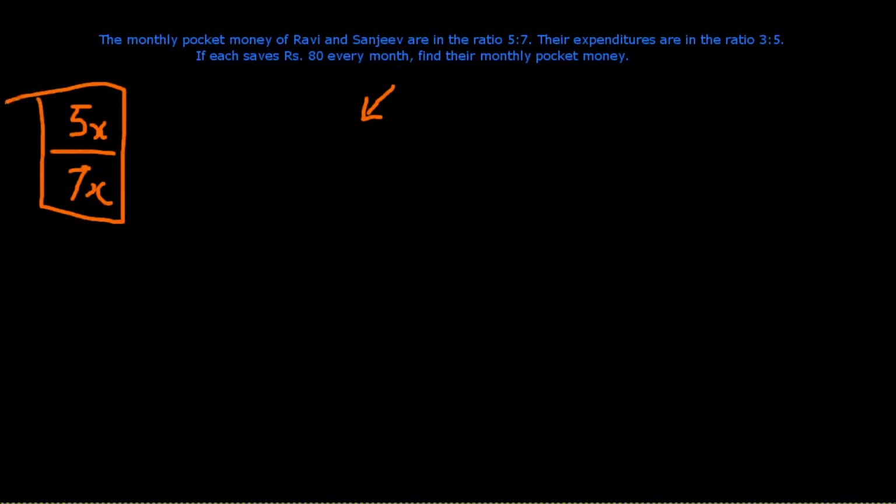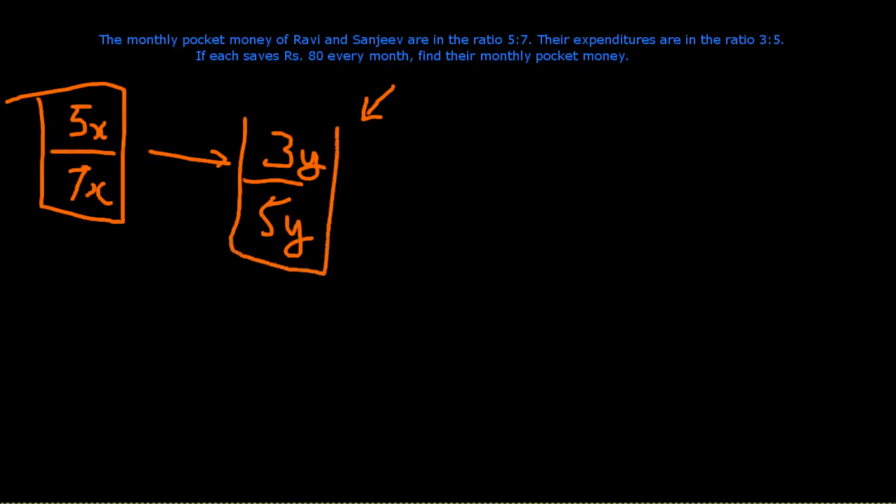So this is a variable over here. Same way, we'll make a variable for expenditure. So let's make it 3y upon 5y. So this is Ravi over here, this is Sanjeev. Now you've been given both of them save 80 every month. What is the value of how much they save?